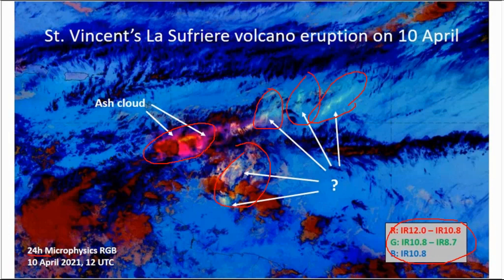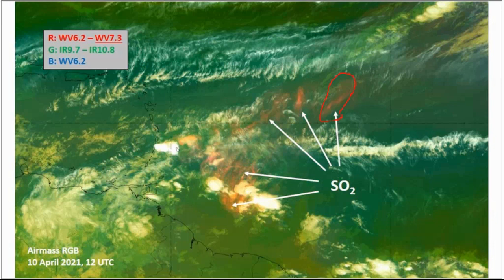But then I checked the air mass RGB, and there you can also see these stripes in a bit larger clouds of red color, which basically means, because of the 7.3 channel, that this is SO2, because SO2 at that band is emitting very low. So in this difference, the difference is high, and because of that we can see a lot of red color in the SO2 clouds.